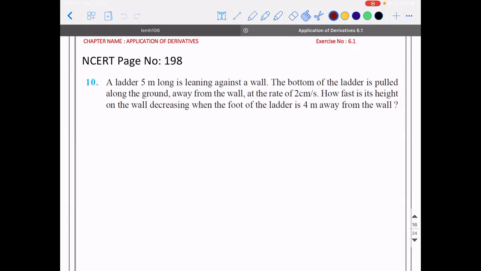So how to solve this? The dS by dt will be minus 2 centimeters per second.